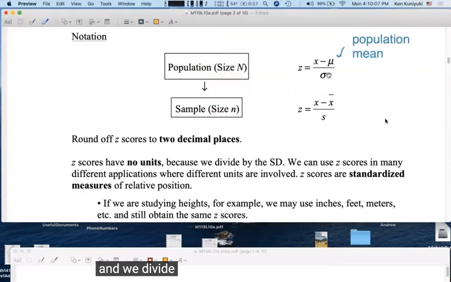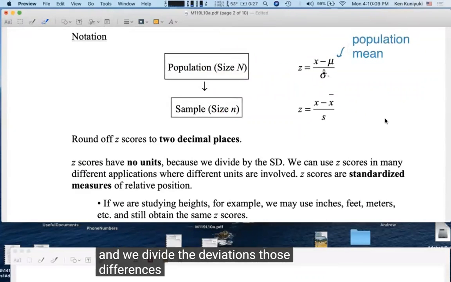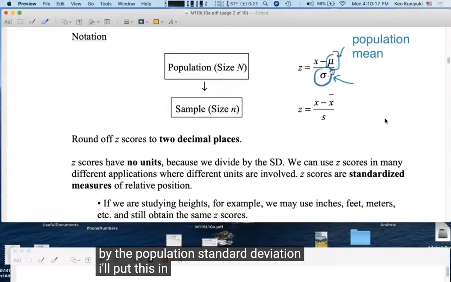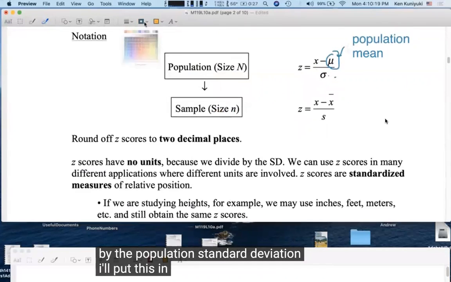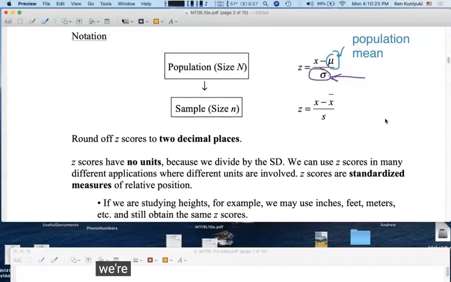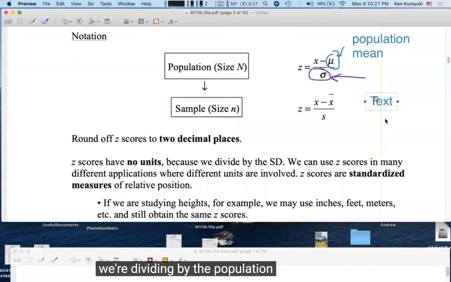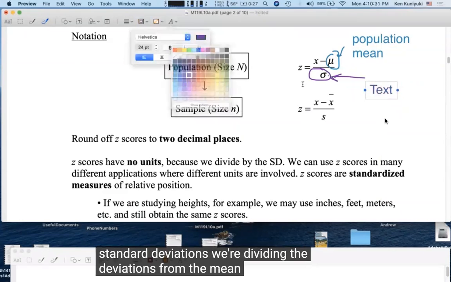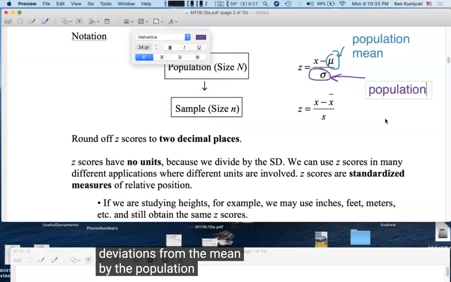And we divide the deviations, those differences, by the population standard deviation. I'll put this in purple. We're dividing by the population standard deviation.